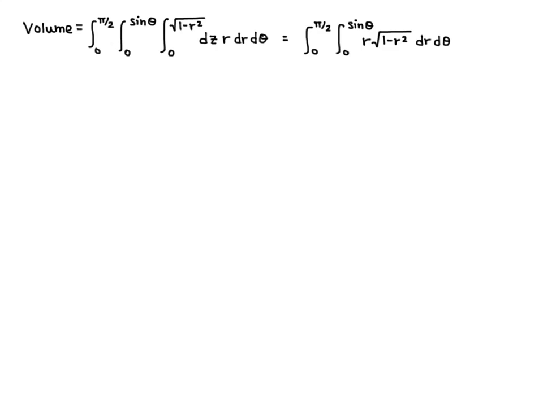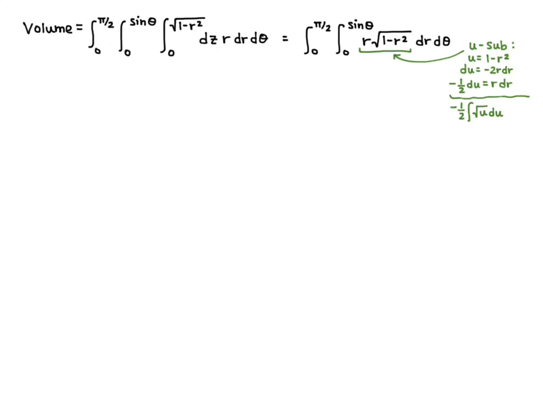Now I have to use a u substitution for this. I'm going to let u equal the inner function. So u equals 1 minus r squared. So du, when I take the derivative, is negative 2r dr. And so in order to replace the r dr, I'm going to have negative 1/2 du.